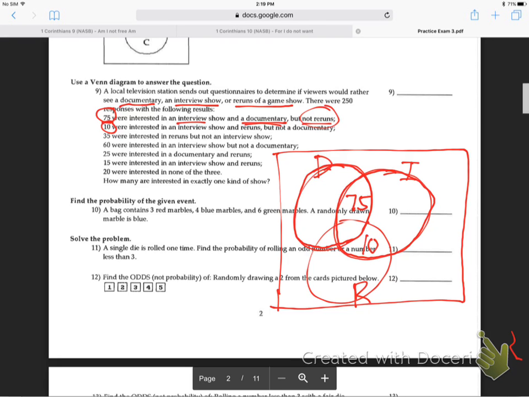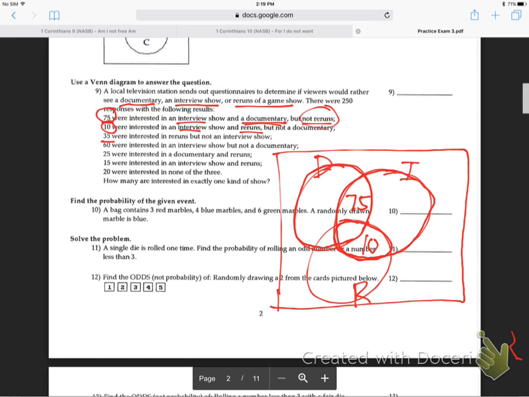Because they're in the I and the R circles, interview and rerun, which means these two are in the I and the R circles both, but not documentary. They're not in D. So it's 10. Is that good? Let's keep going. Let me know if I can help.